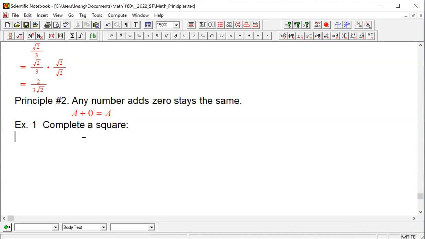Suppose we have an expression x squared plus 2x, and we want to make it something like a perfect square plus something else. That is our goal. That's what we want to get to.